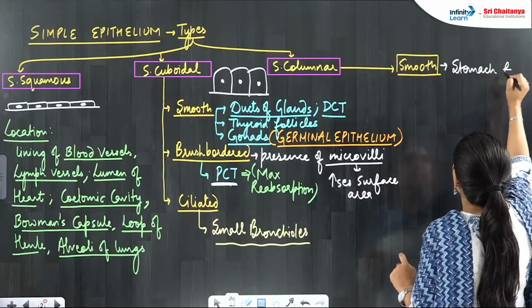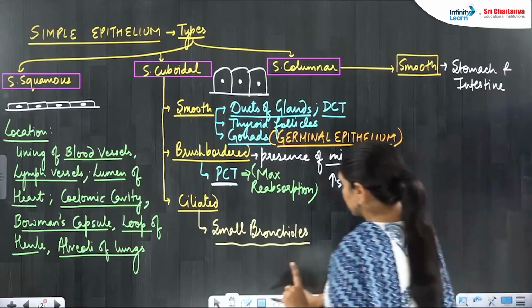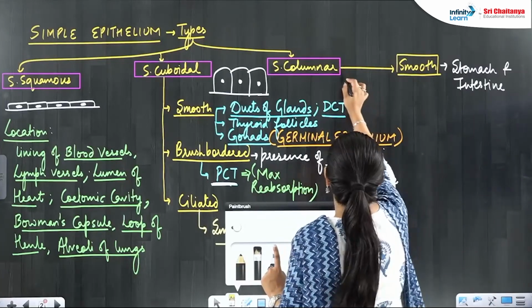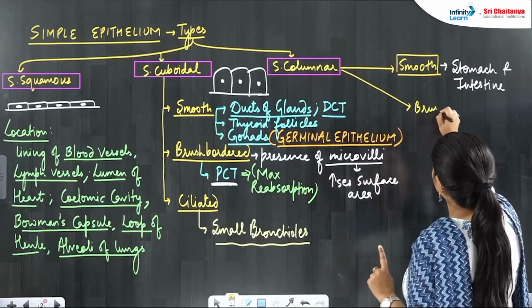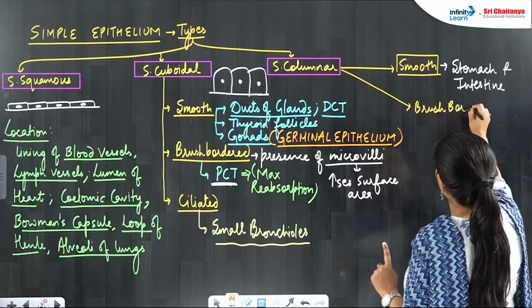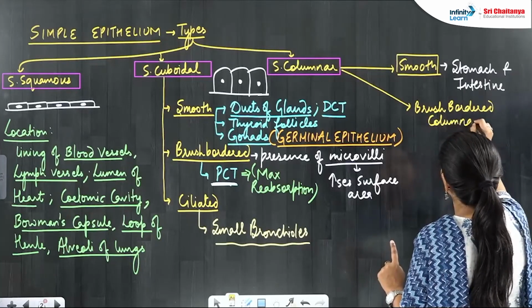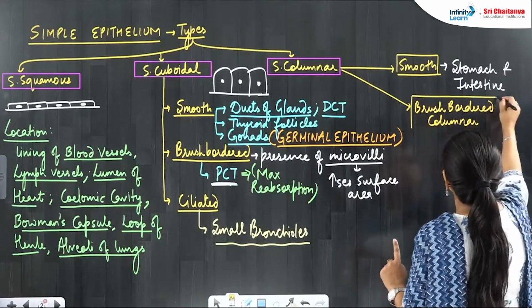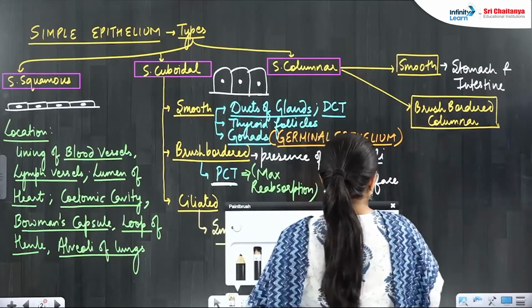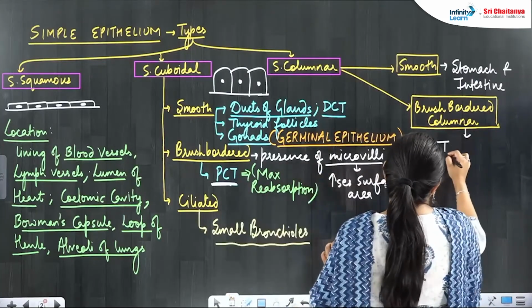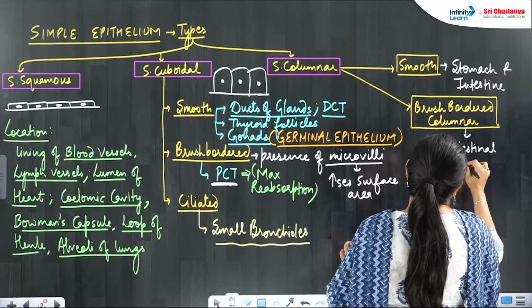But if somebody asks you the location of brush bordered columnar, you can tell brush bordered columnar is present in the intestinal mucosa.